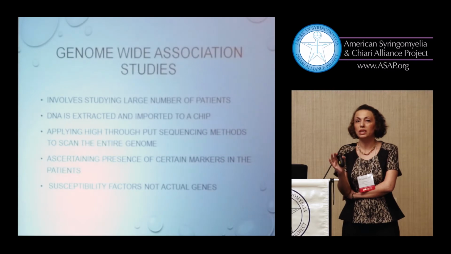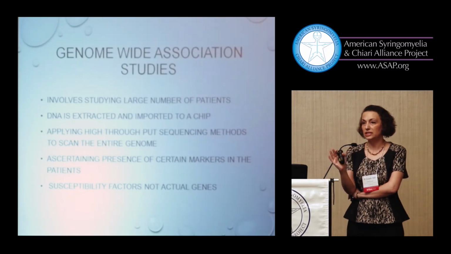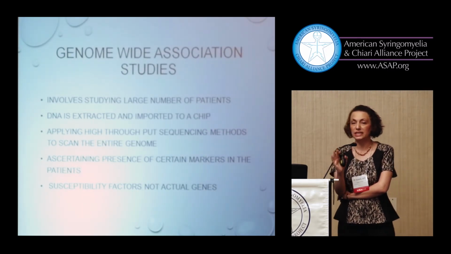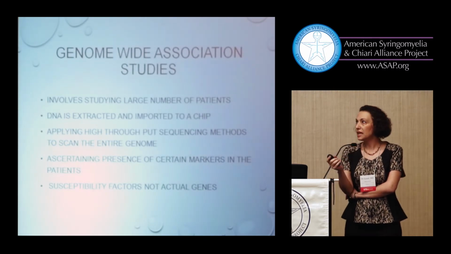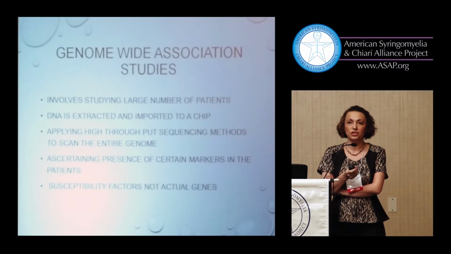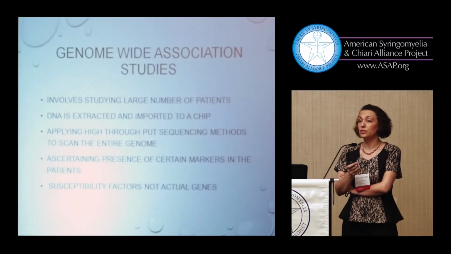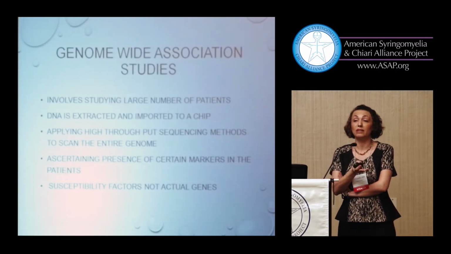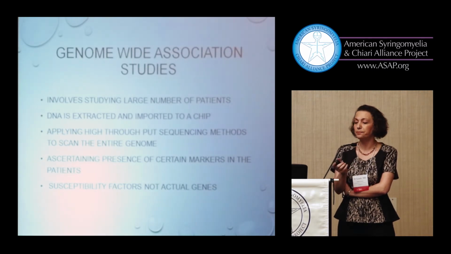Now, imagine doing those family linkage studies in a much larger scale. So in the case of genome-wide association studies, they need large number of patients that are affected, and of course you would need to have a pool of unaffected people.